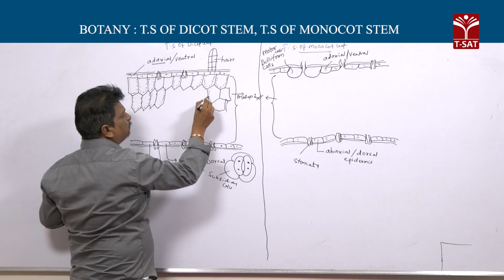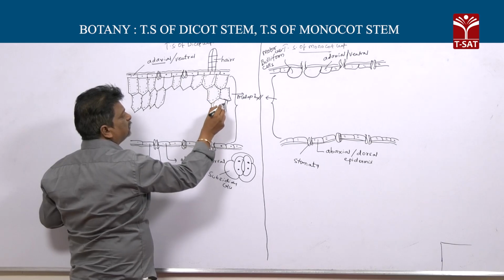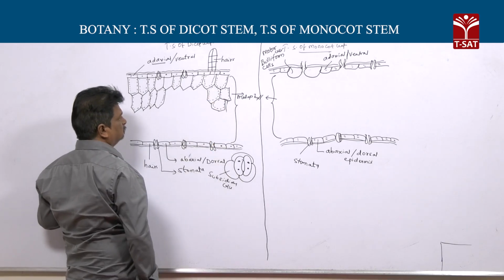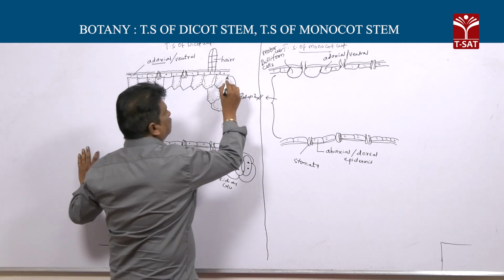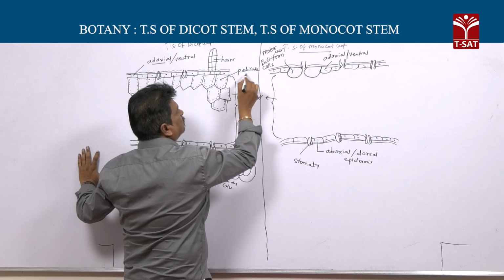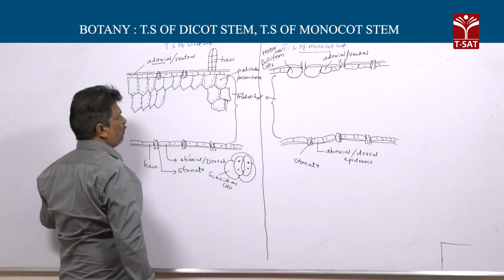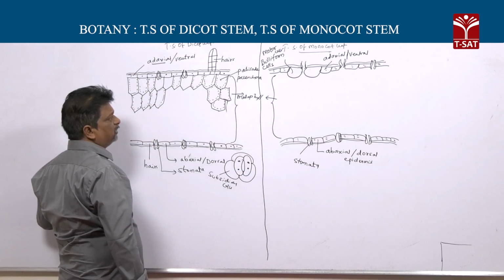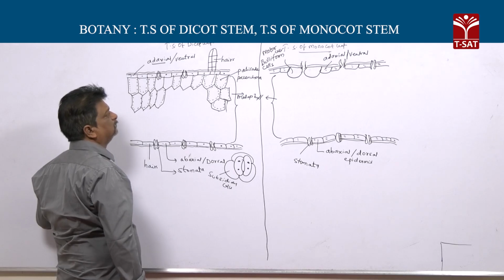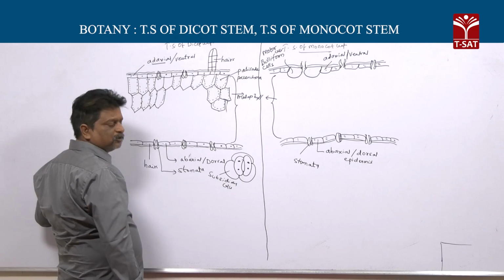This palisade contains more chloroplasts, distributed at the periphery. So the upper side is dark green and performs photosynthesis.